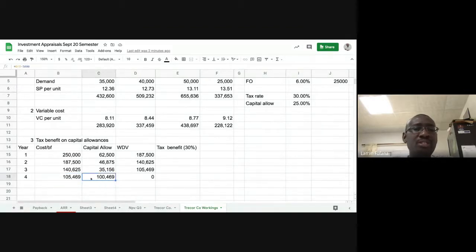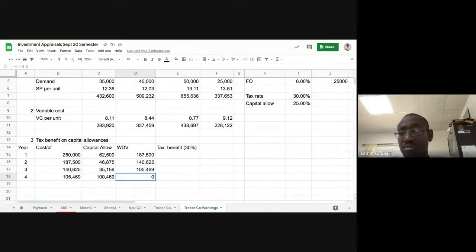But because there's disposal proceed, this disposal proceed is an inflow. So we are going to deduct it from the written down value so that a net of this will be our total capital allowance for the final year. And of course, when we consider that, our written down value will be nil because we have sold the asset off completely.